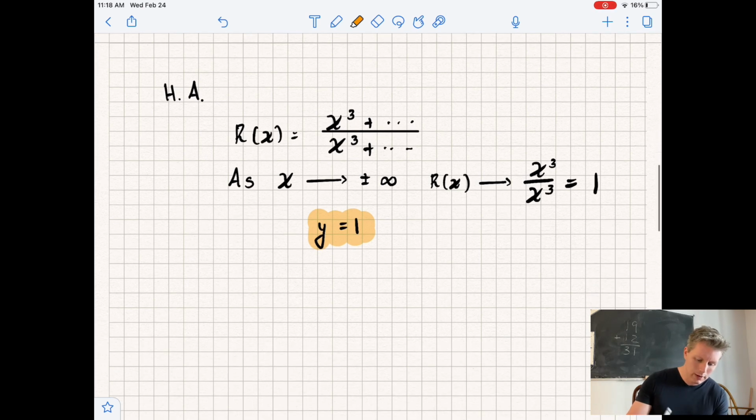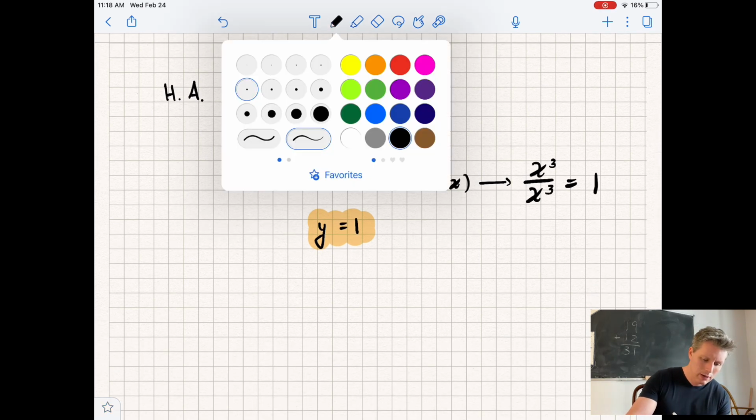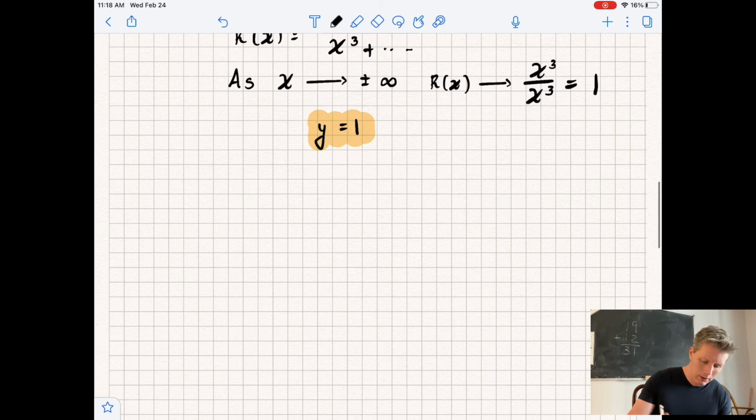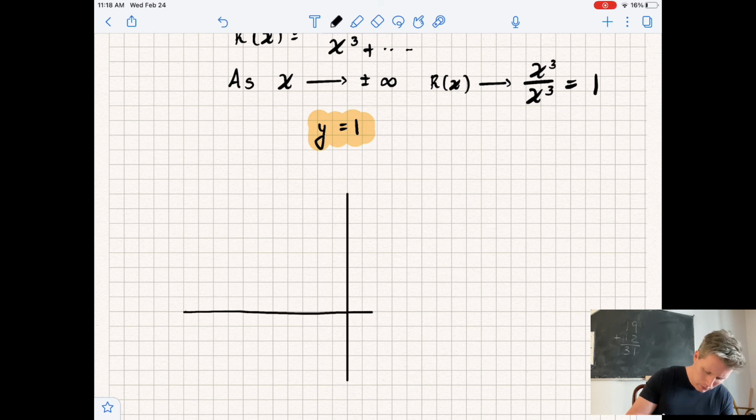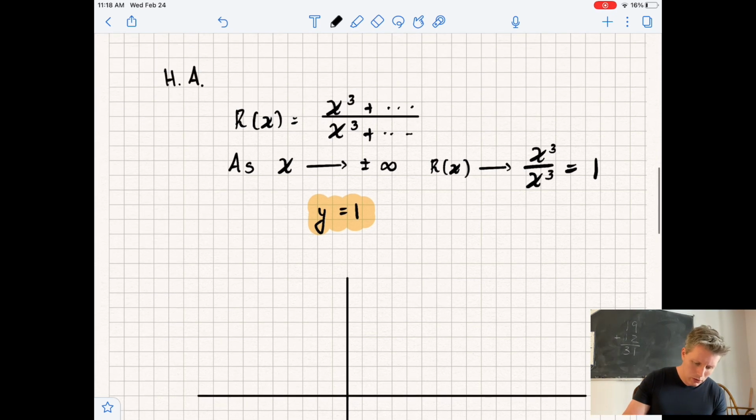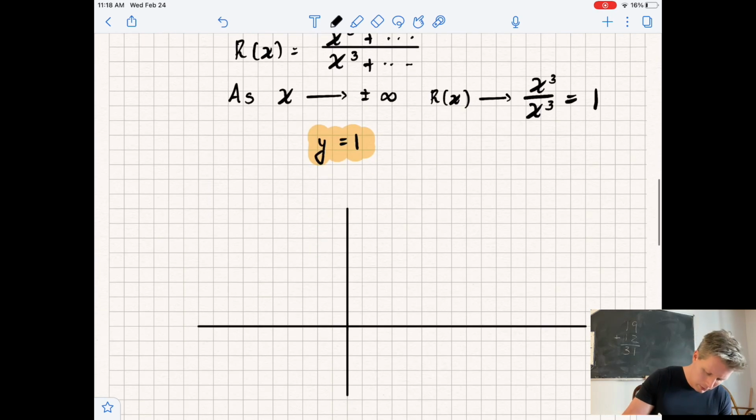All right, so I'm now going to graph my function and see if I can get a sense of what it will actually look like. I'm also going to graph this using a graphing utility.